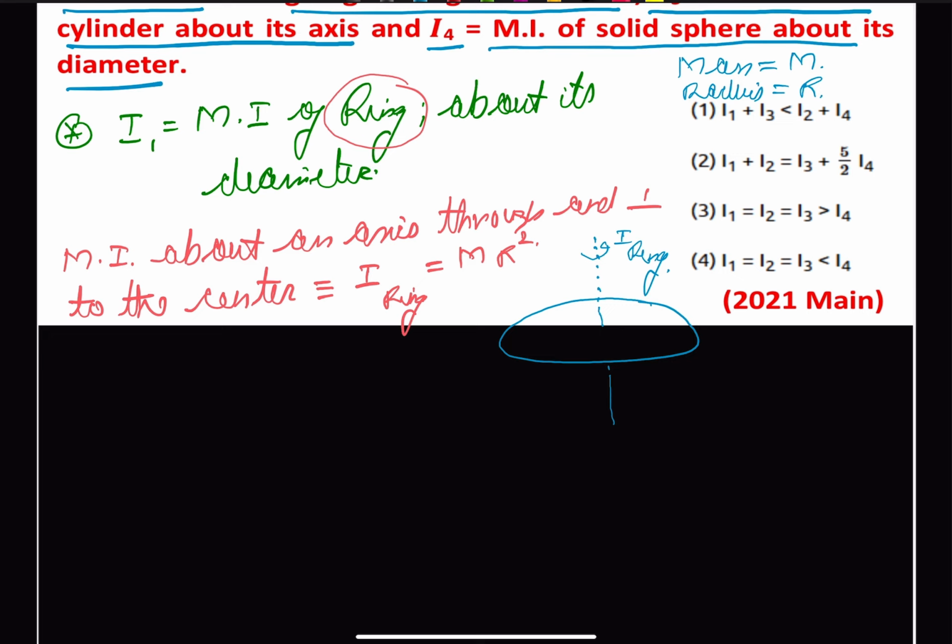This ring is going to have two diameters: one in this direction, let us call it Ix, and the second will be Iy, while I ring is along the Z axis.